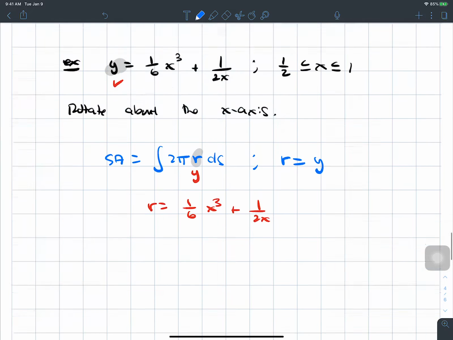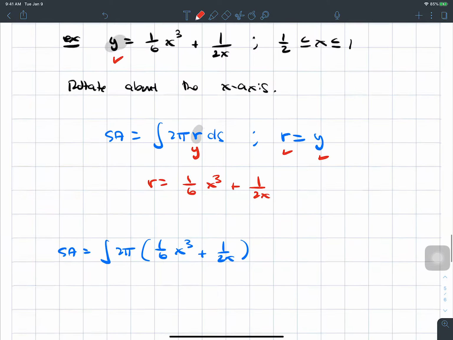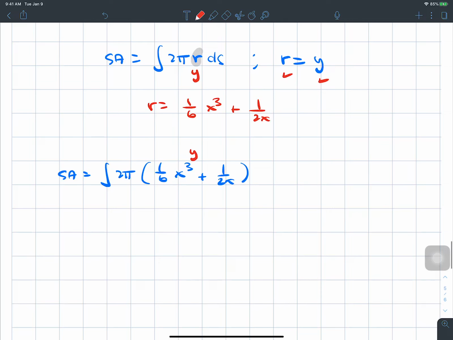So what that means is our surface area is the integral 2 pi, now 1/6 x cubed plus 1/2x, right? We've determined that the radius is y, which equals the function that they gave us. So this is our y value.